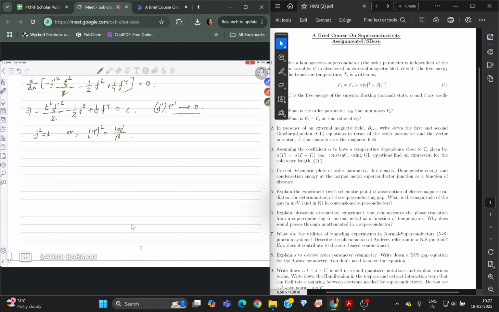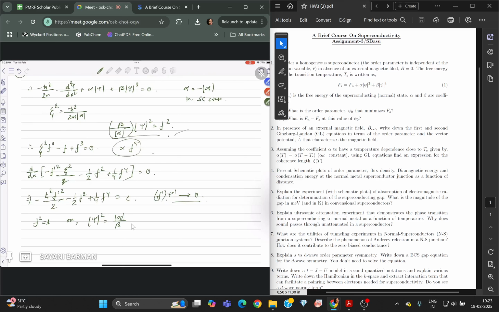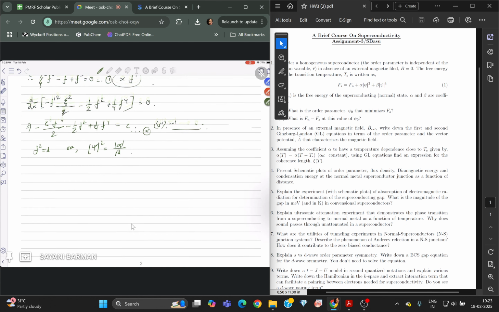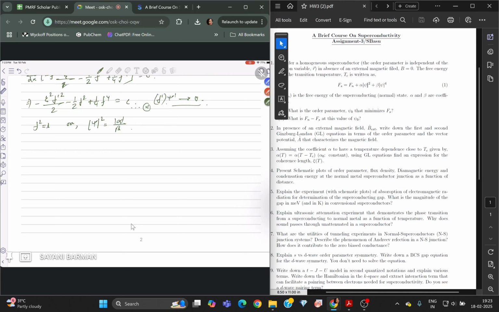Now, if we take this equation as 1, and this as 2. Now, equation 2 will be.